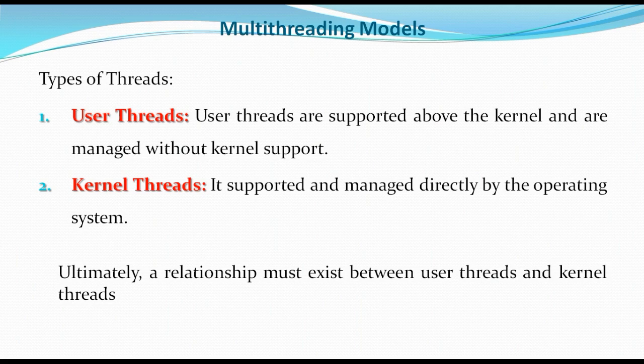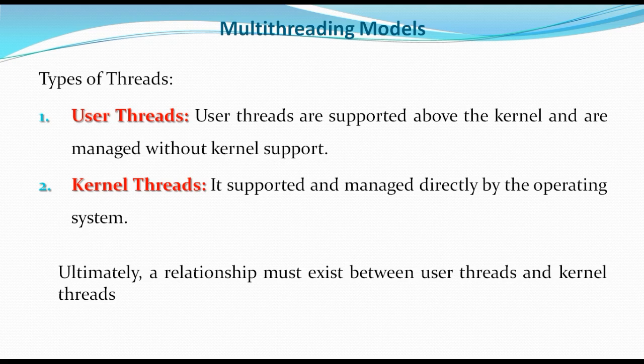User threads are supported above the kernel and managed without kernel support, whereas kernel threads are supported and managed directly by the operating system. Virtually all contemporary operating systems like Windows, Linux, Mac OS, and iOS support kernel threads.